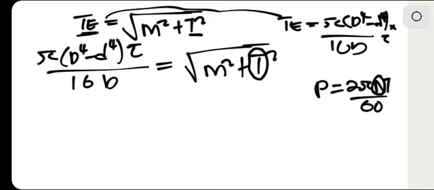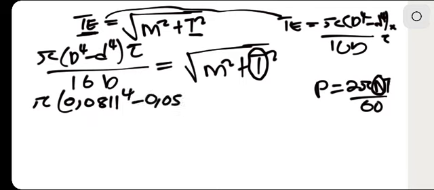This is going to be easy. We have now pi. Our dimensions are the ones that we've calculated, you remember, which is 81.096 millimeter. I divide that by 1000 and it will be 0.08, let's see, 0.0811 raised to the power 4 minus 0.05, which we've just calculated.